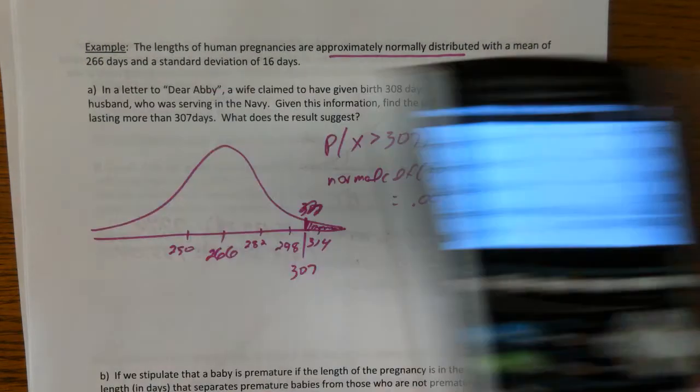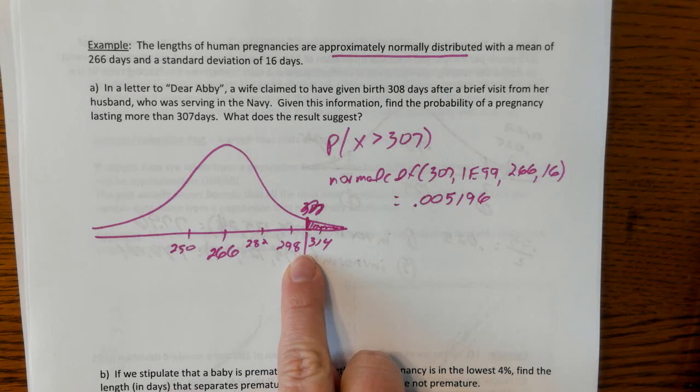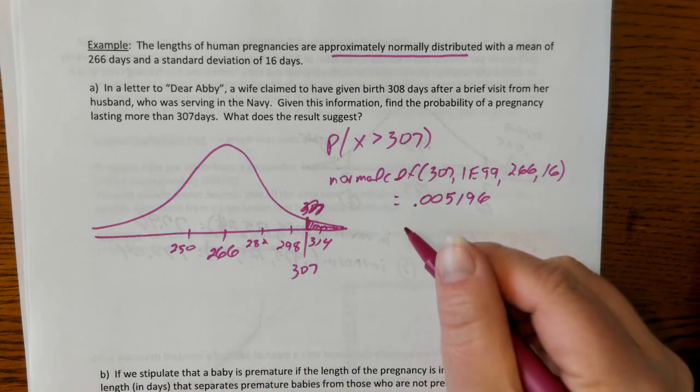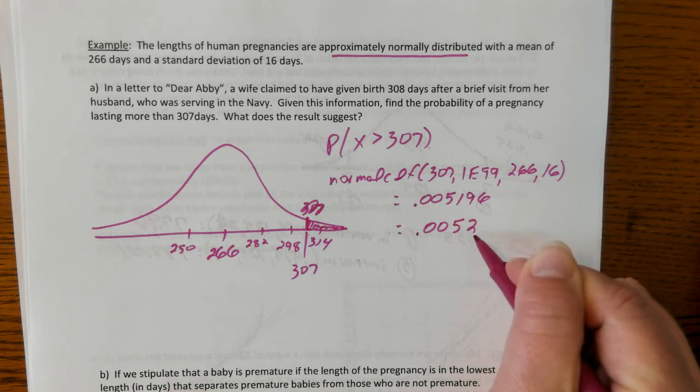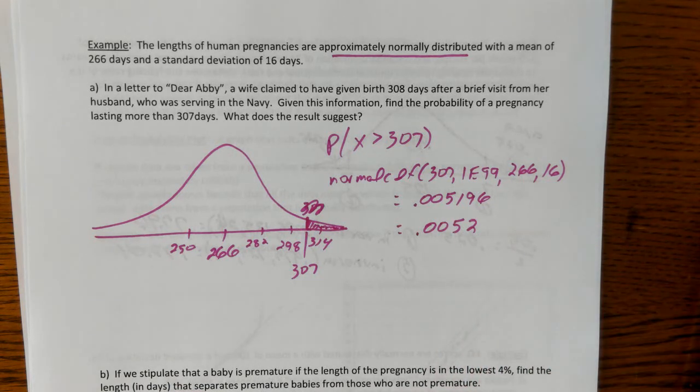0.005196, blah, blah, blah. Now remember, we knew the cutoffs. It was the area we're looking for, and we round area to 4 decimals, so 0.0052. Now think about what that means.